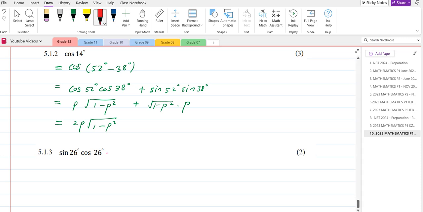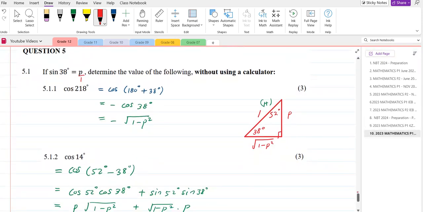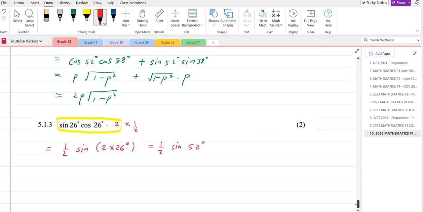So if we multiply by 2 and then times half, we can group this up, because we got 2 sine theta cos theta, which is basically half sine 2 theta. Theta is 26, so 2 times 26. So I've got half sine 52. And sine of 52 using the triangle is opposite over hypotenuse, the square root of 1 minus P squared. So I've got half into the square root of 1 minus P squared. Right, so I hope you guys understood that.